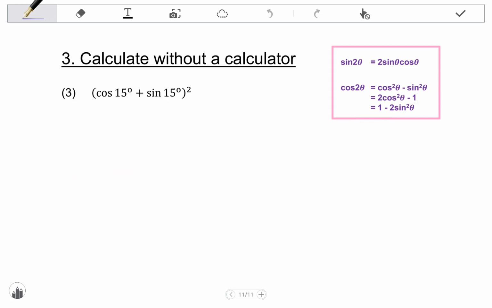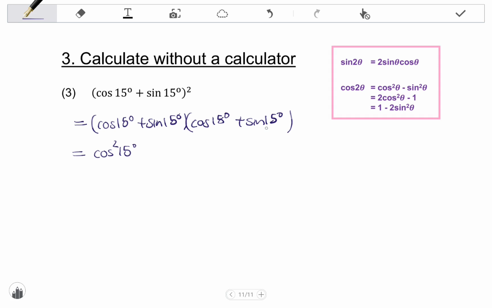Final example, we have cos 15 degrees plus sine 15 degrees all squared. Okay, so the all squared means I am multiplying that bracket by itself twice. And I can use FOIL to multiply this out. So the firsts give me cos 15 degrees all squared.